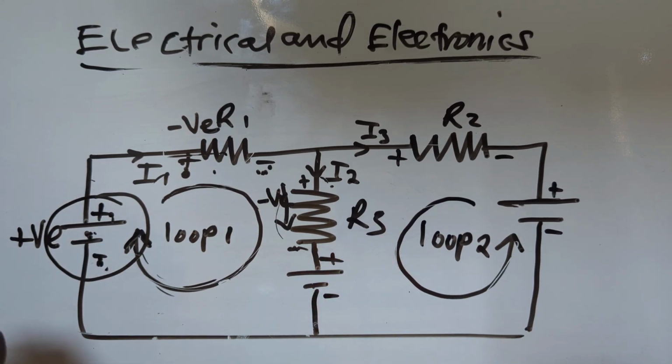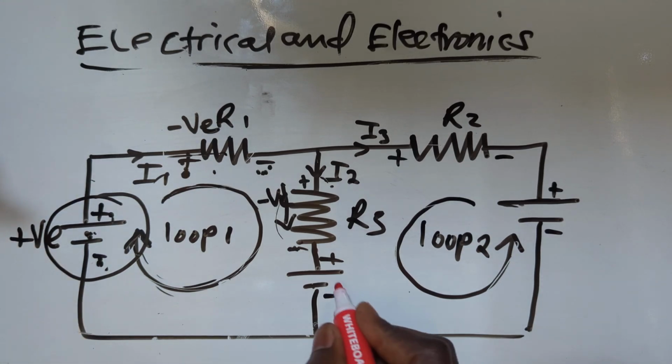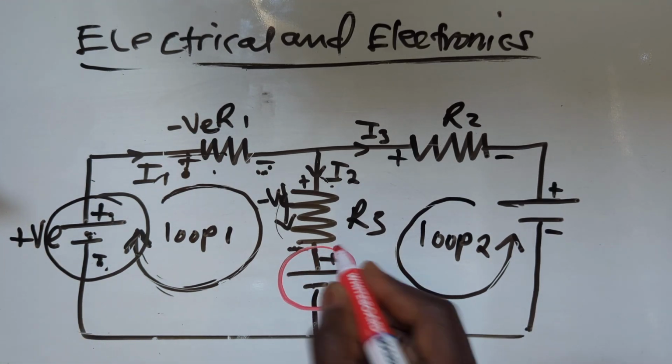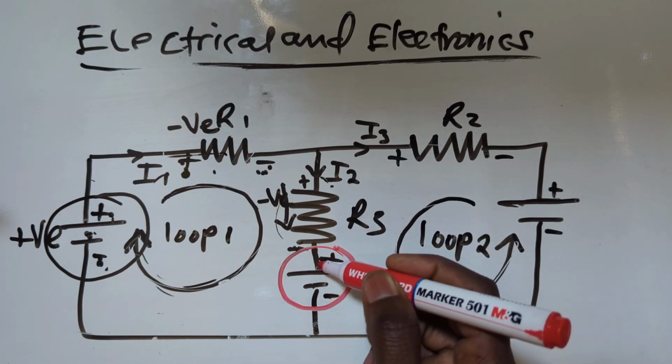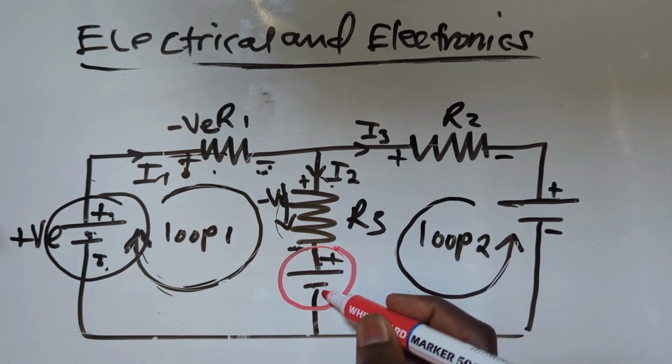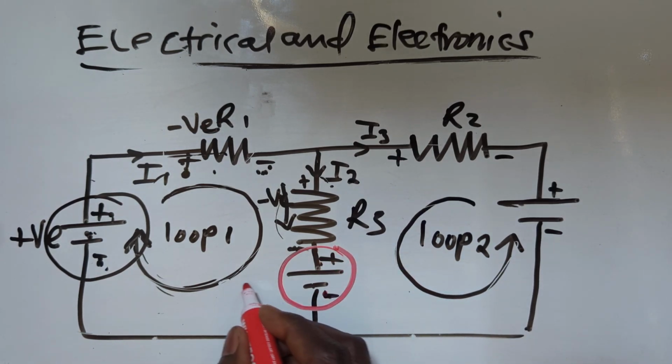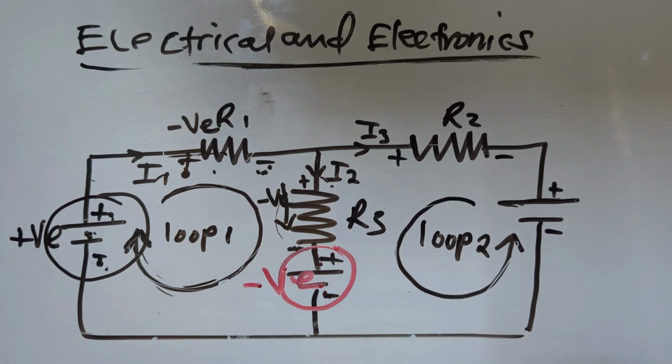Remember, we are moving in the opposite direction to the current the voltage source can produce. So we are encountering the positive first, then the negative. There will be a drop in voltage across this given resistor, and its voltage has to be negative. That's what Kirchhoff's voltage law is trying to explain to us.